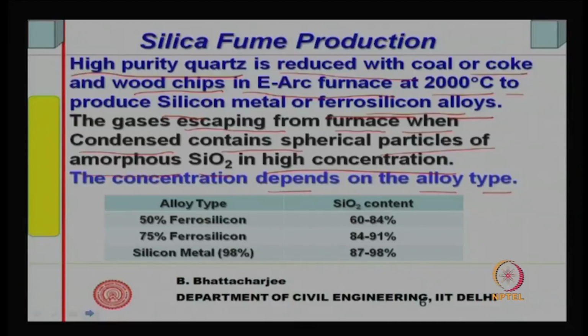For example, for 50% ferrosilicon, the SiO2 content in the condensed silica fume is 60 to 84%. For 75% ferrosilicon, it will be 84 to 91%, and for 98% pure silicon metal, you will have 87 to 98% silica content in the condensed silica fume.